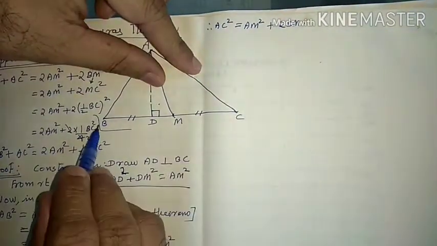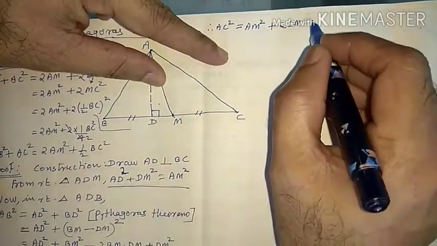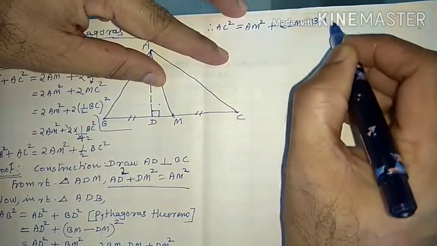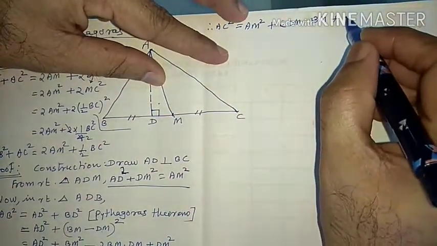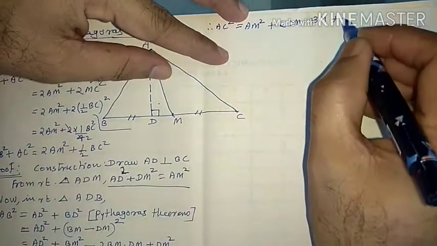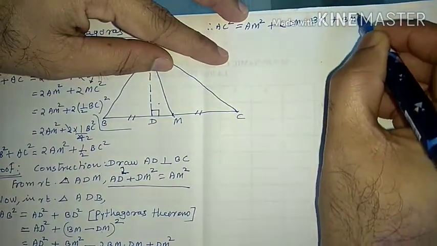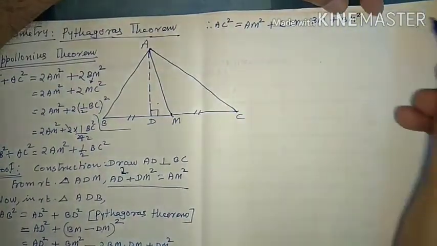But MC is how much? BM only, no? So that we write here. BM plus MC square. MC is again BM only. So BM square. We give the reason here in bracket.